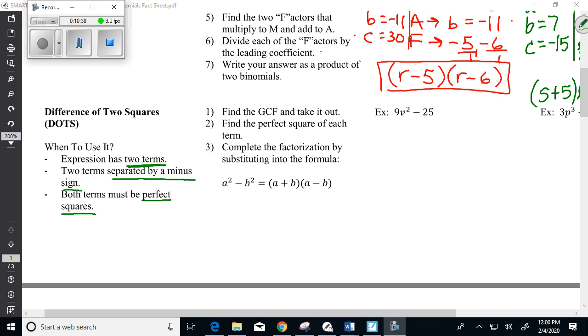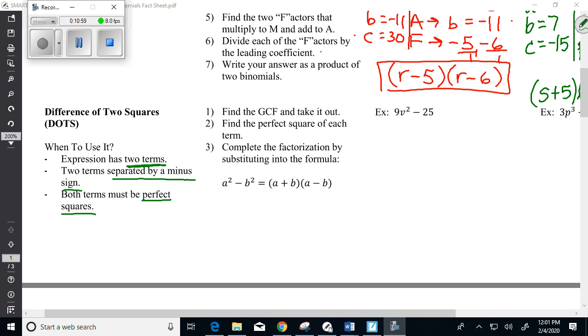So let's look at example number 1. 9v squared minus 25. So make sure it passes through the initial test. Two terms, we're good. Separated by a minus sign, we're good. Both terms being perfect squares. A perfect square for a number is pretty simple.